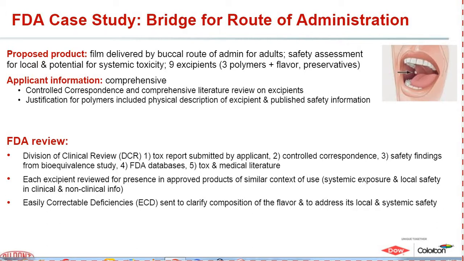The flavor was reviewed using the component approach, and the polymer bridging information considered the molecular characteristics, prior use in FDA-approved products, available pharm/tox and clinical safety information with this material and similar grades, the low probability of absorption, and relevant oral safety information. So they concluded that all of the excipients in this film were acceptable based on the evidence of local and systemic safety.